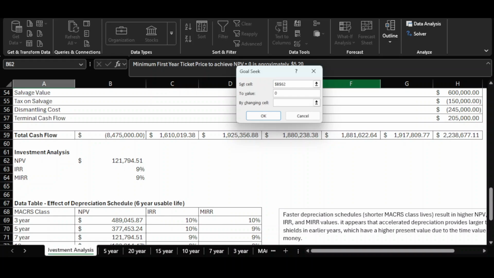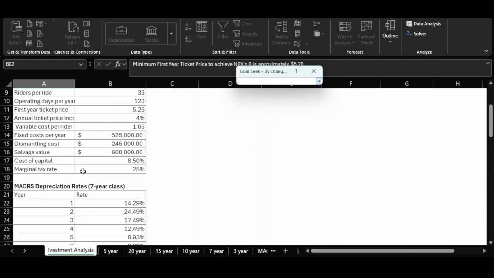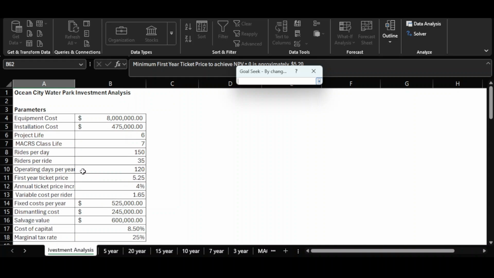So you click in that field and click on the collapse button over here, and you have to select, as requested by the exercise, the ticket price that will make it break even. So when we say ticket price, then refer the Goal Seek dialog to the ticket price parameter. That's B11, the first year ticket price of the first table of your investment analysis model.